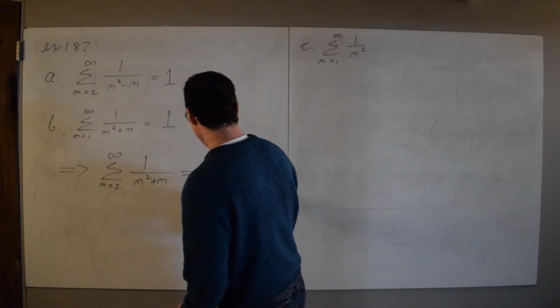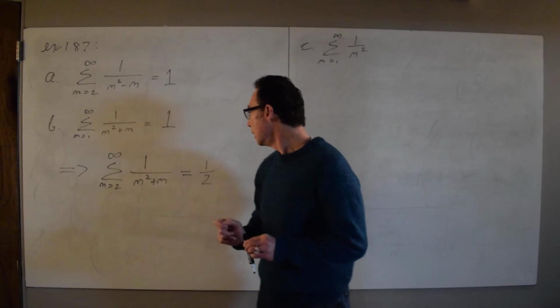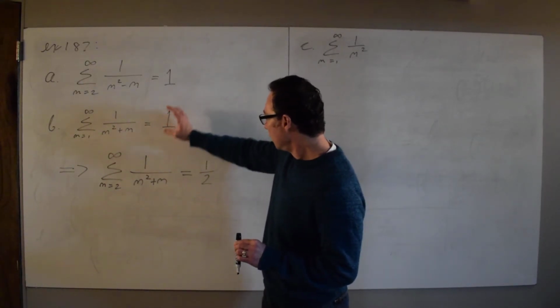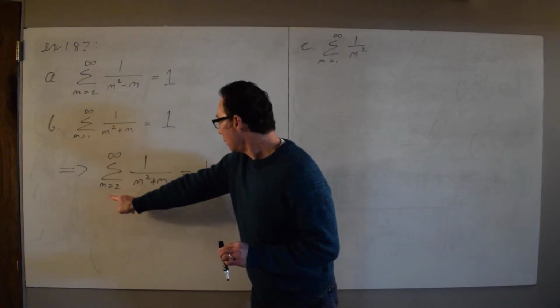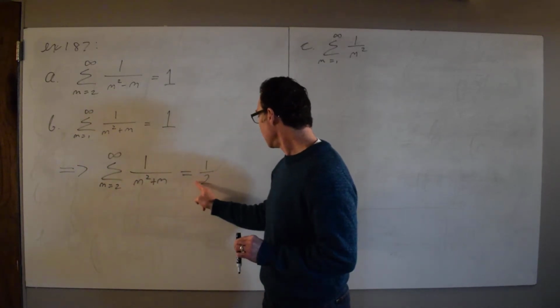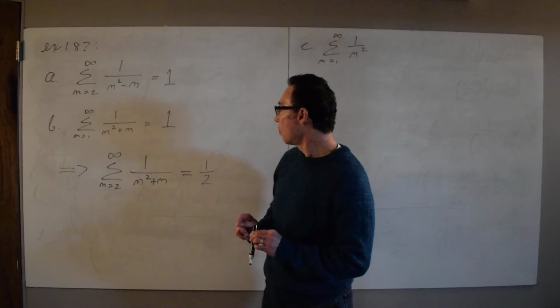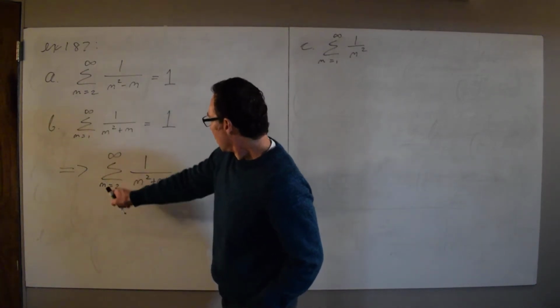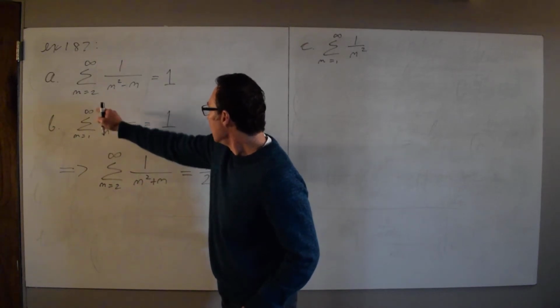So the first term of this series is 1/2. So if the whole series converges to 1 when we start at 1, then when we start at 2, it converges to 1 minus 1/2, which is 1/2. I wanted to start this one at 2 so I could compare these two.